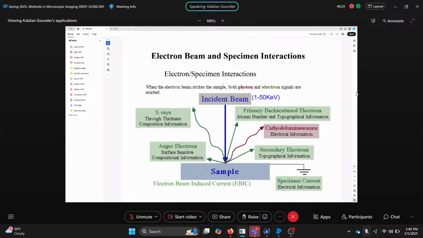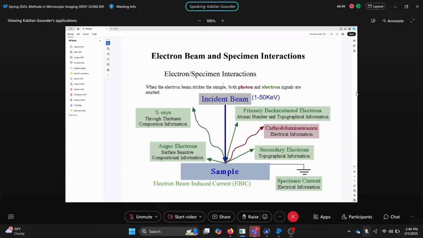Whereas here, the light source is electrons. Once the electrons hit the samples and bounce back, the interaction between the electrons and the sample surface will reflect back with different signals.